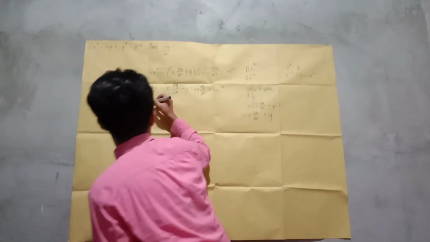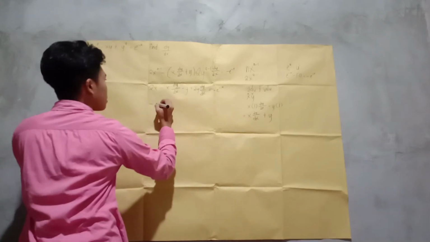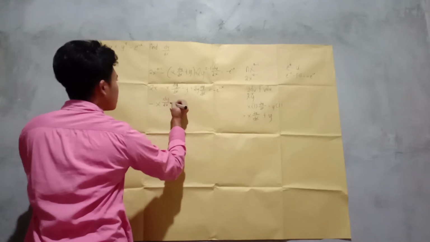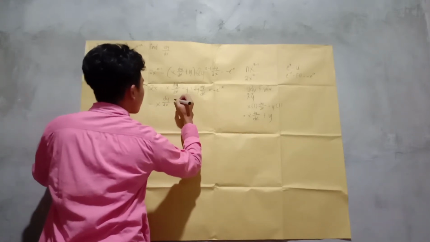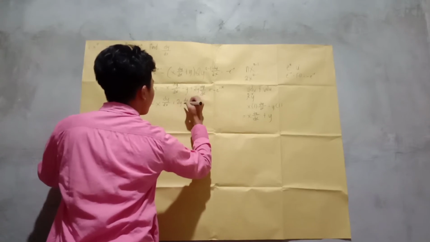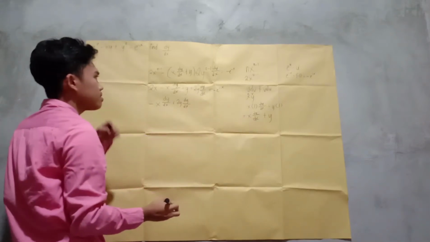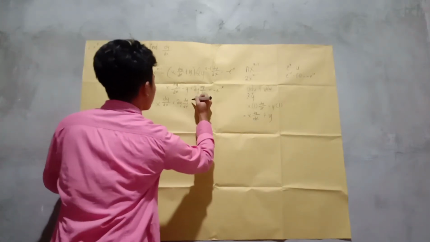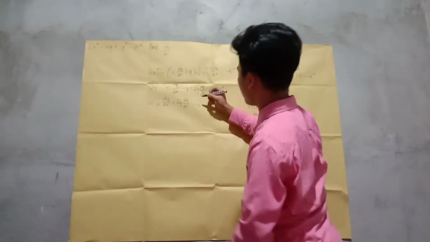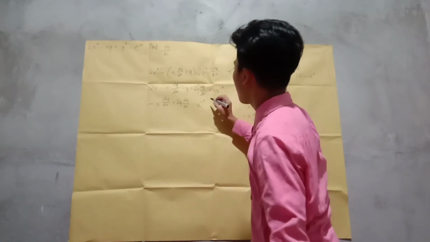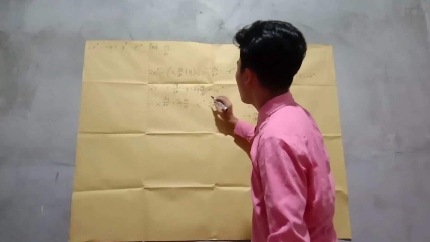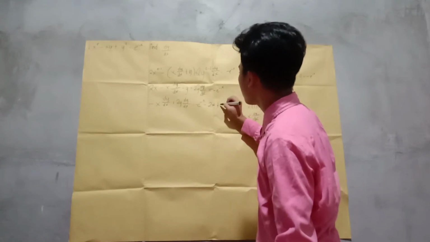So it will become negative x dy over dx plus 2y dy over dx equals e raised to negative x. Transposing, it will become negative 2x, and transposing the negative y, it becomes positive y.